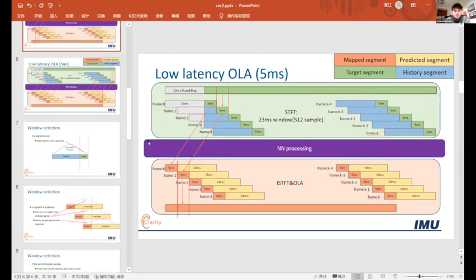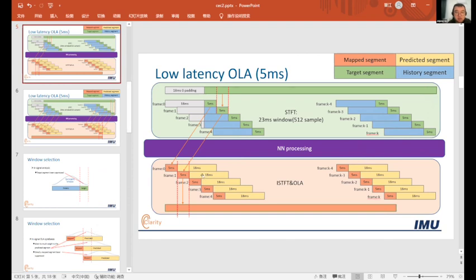Yes, it's actually overlapped to the future segment, but we didn't think that this neural net could predict such a long segment. It could predict the stable signal components just to smooth the estimation. Yeah, makes sense. Thanks.